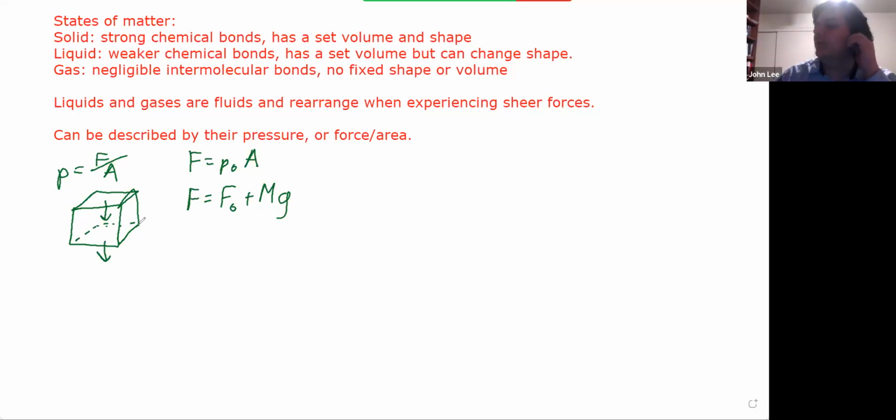So there's going to be more force pushing down at the bottom of the block because there's more water on top of this cross-sectional area that you're looking at.